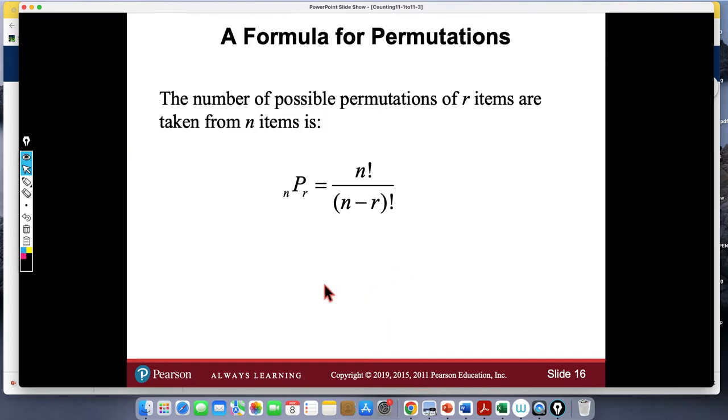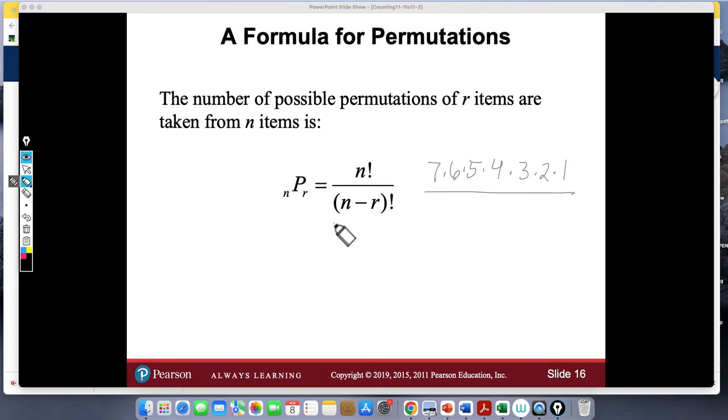So let me just do this with the formula, and I'll show you how we end up with the same thing we just did. So what is n factorial? n factorial is 7 times 6 times 5 times 4 times 3 times 2 times 1. So that's in the numerator. What is n minus r?